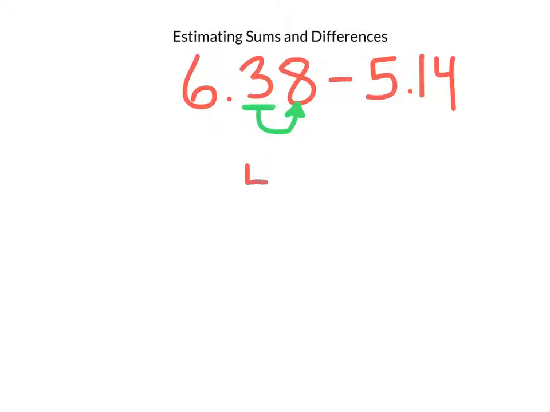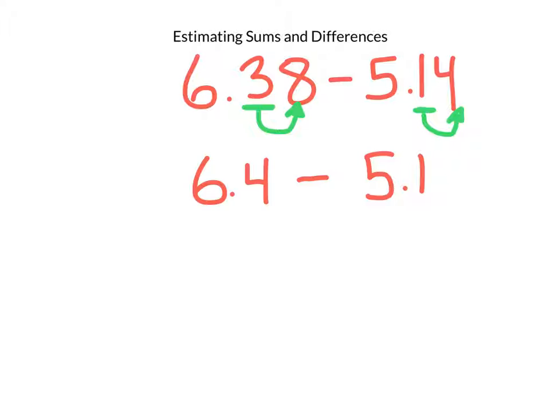So the 3 becomes a 4, and I can't forget about the things that come in front of it. Now instead of putting plus, we put subtract or minus. And on the next number, 5.14, here's my tenths place value. I look to the right and it's a 4, so I'm going to round down, which means the 1 stays the same, and I can't forget about the things that come in front of it.